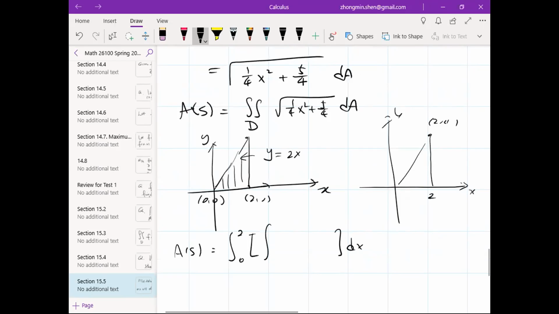The slope is 2, so y equals 2x, or x equals half of y. All right, so for fixed x, the y value changes inside this triangle from 0 to 2x.